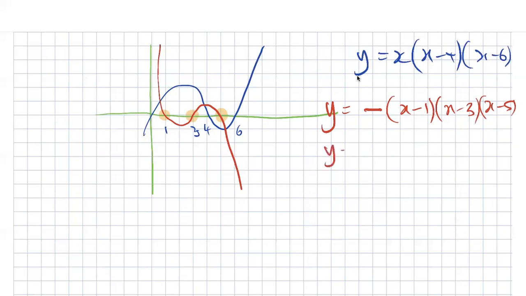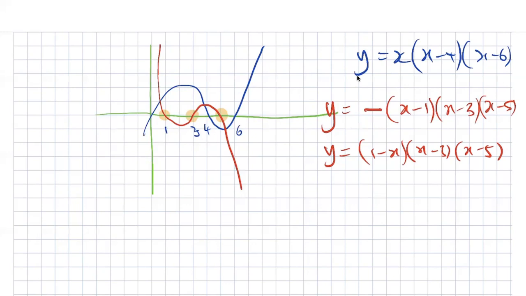Sometimes these graphs are also written like this, where we multiply that negative through by one of the brackets, and then it becomes y equals (1 minus x)(x minus 3)(x minus 5). Those two equations are the same. That first bracket has been multiplied through by negative 1. Often you'll see them there, and just be careful with that.